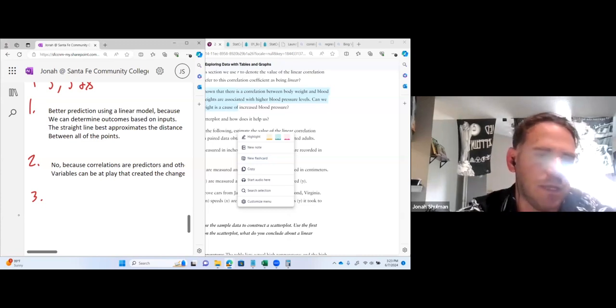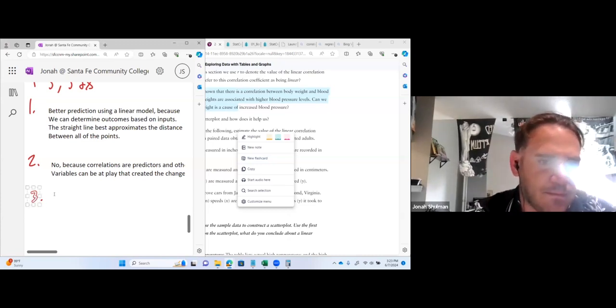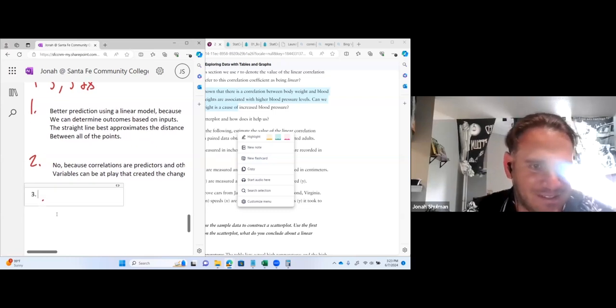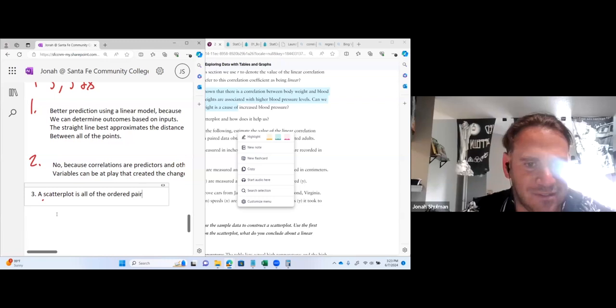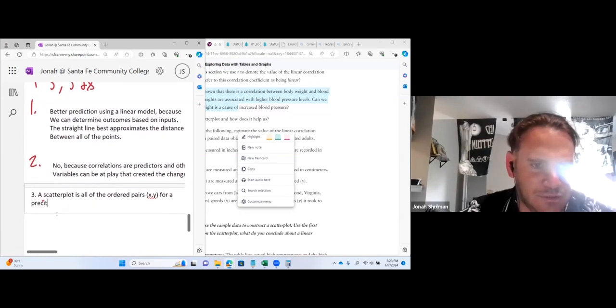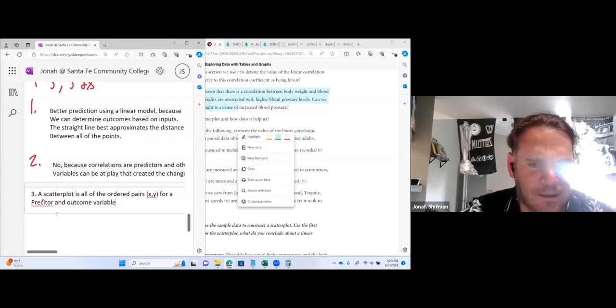So a scatter plot is all of the ordered pairs. So basically your X, Y for a predictor and outcome variable on a graph.